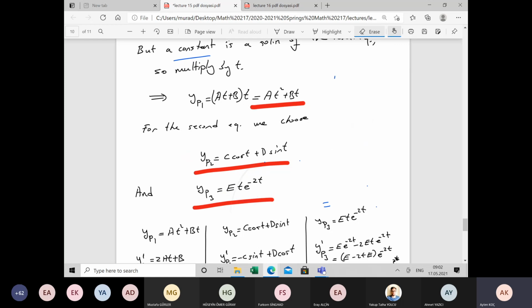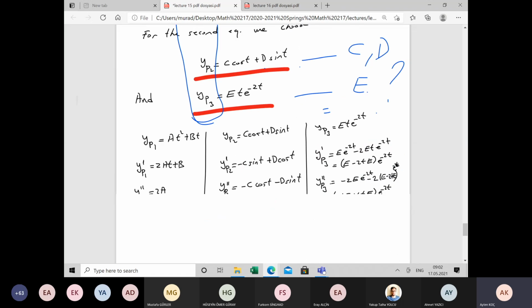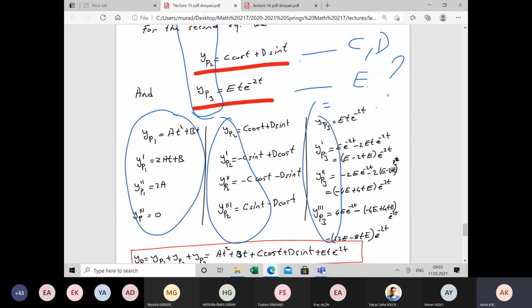Here the values of coefficients A and B, and you have to find C, D and E. How to find them? We take the particular solution of the corresponding differential equation, compute all derivatives, and substitute into our differential equation.